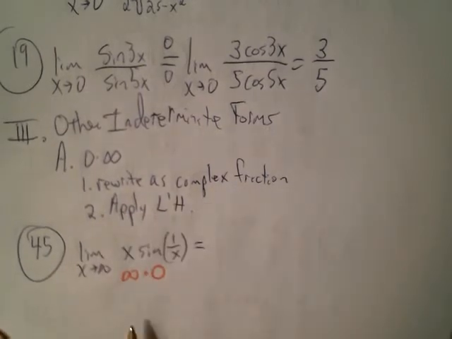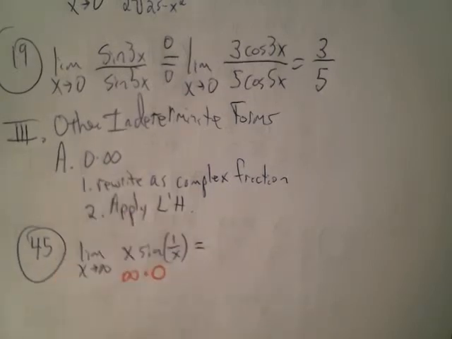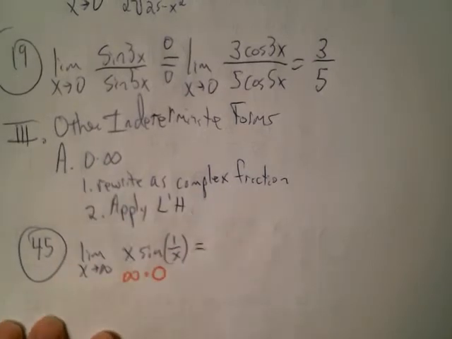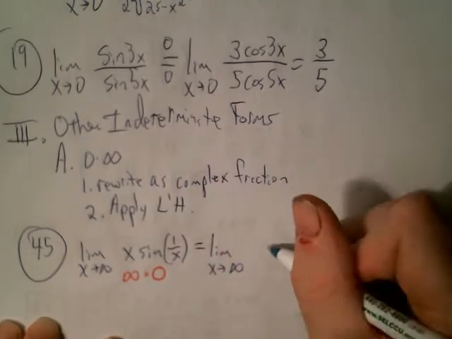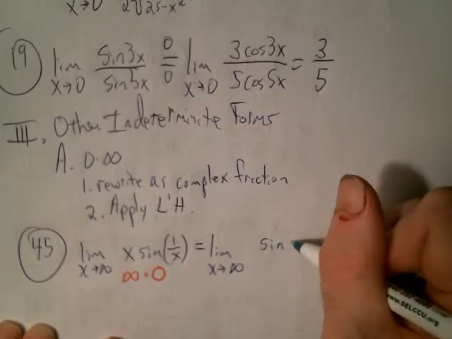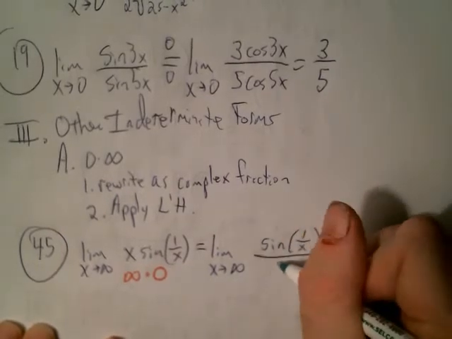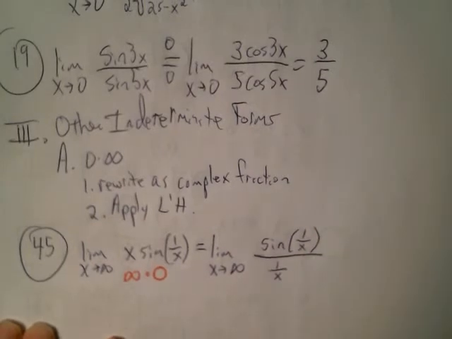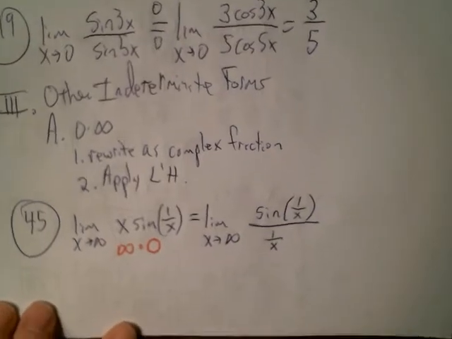So the overall form is infinity times 0, which is this form. So the procedure is to rewrite it as a complex fraction. x is the same as 1 over 1 over x. So I can write this expression as sine of 1 over x all over 1 over x. I'm just rewriting x as 1 over 1 over x. And there it is.